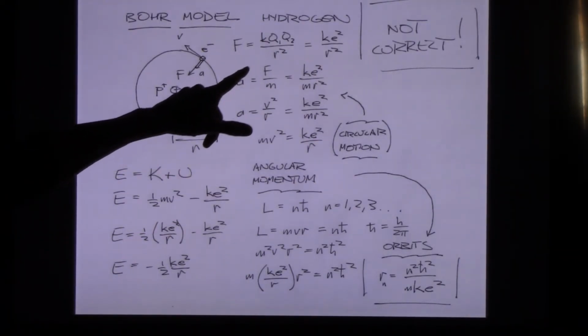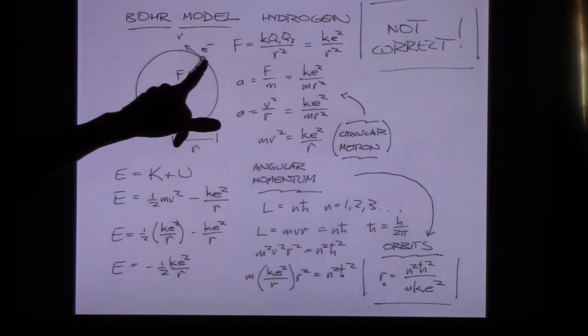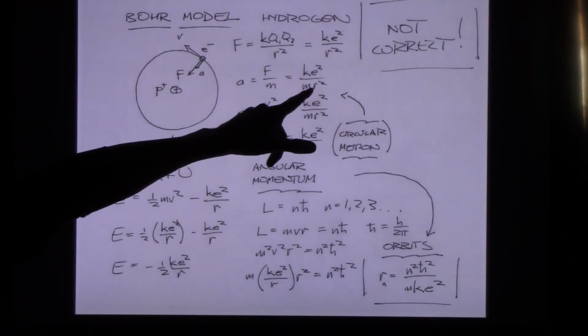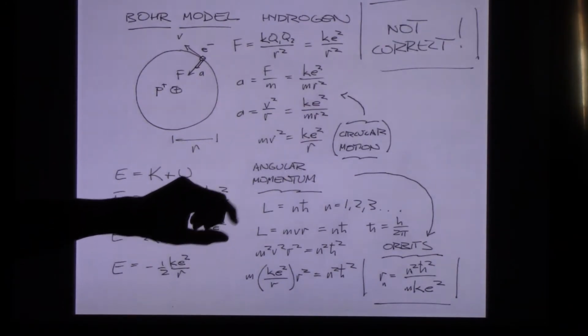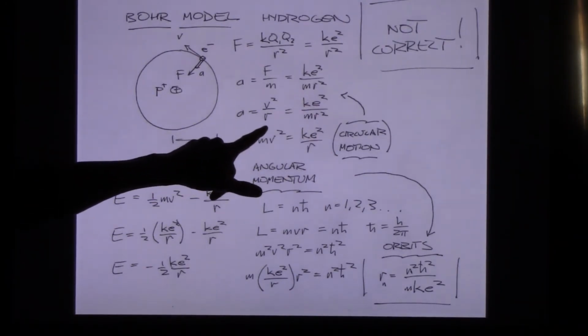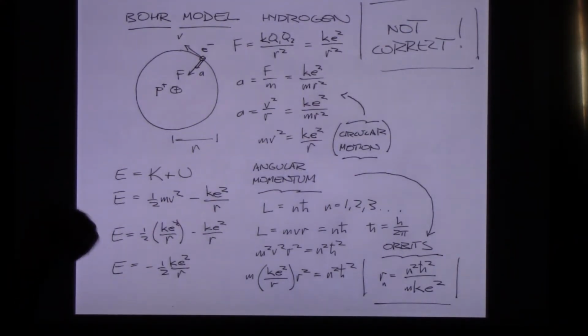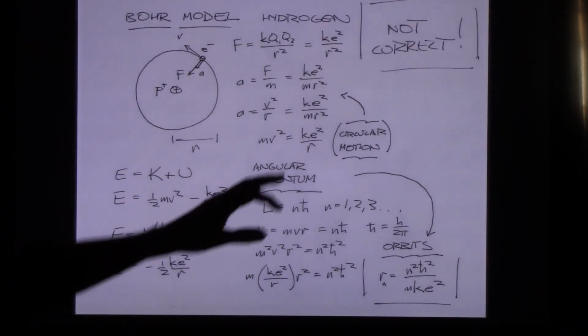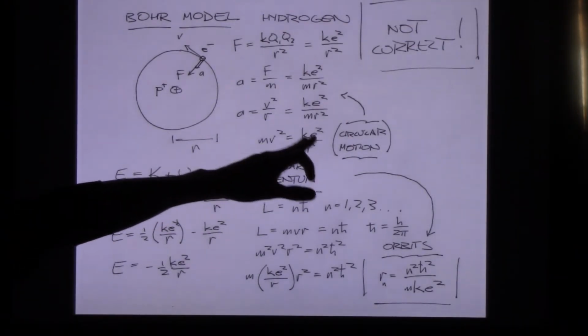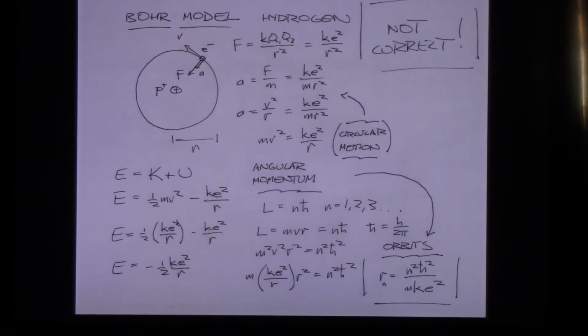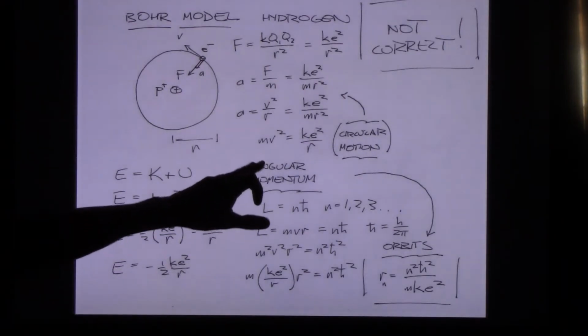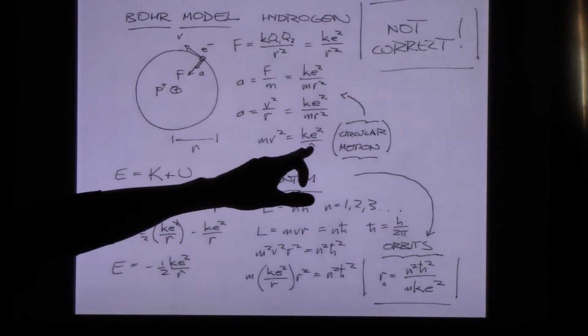Now the acceleration is given by F over m, so the acceleration of that electron is k e squared over m r squared. And then circular motion says a is v squared over r. That gives us this formula right here. It says that for a circular orbit based on electric forces, we would have m v squared equal to k e squared over r.